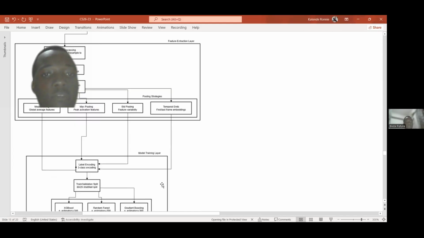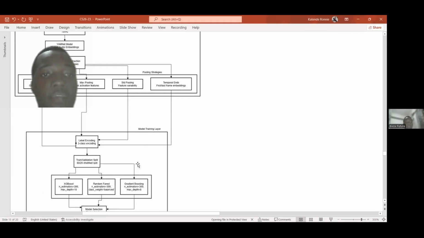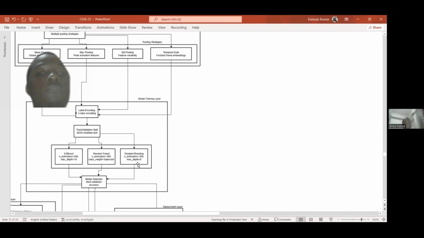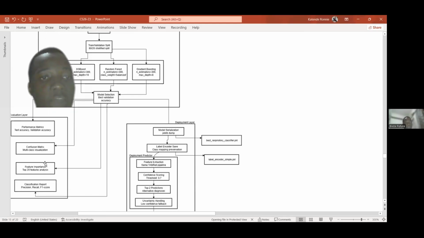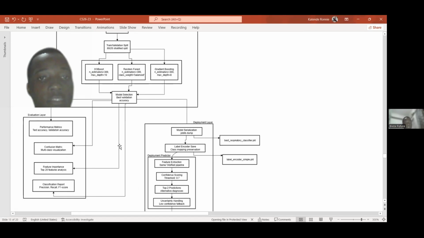Then we went further to the model training layer. Since it's a pre-trained model, we are just fine-tuning according to the dataset that we gave it.